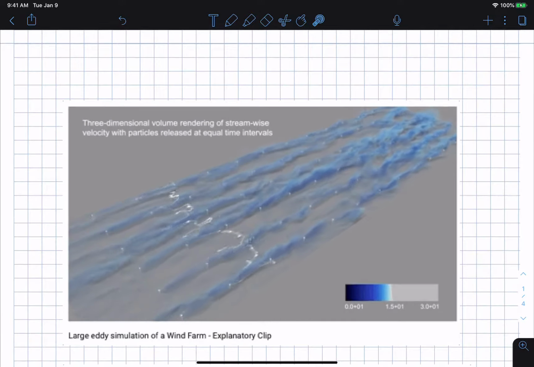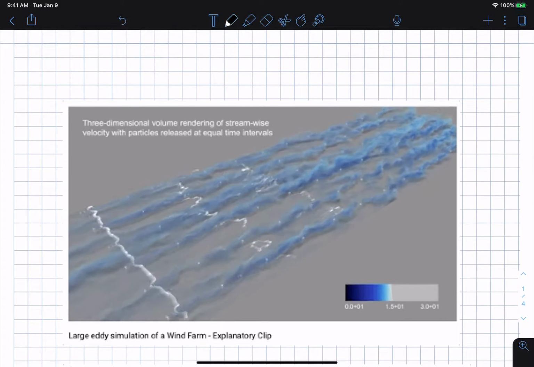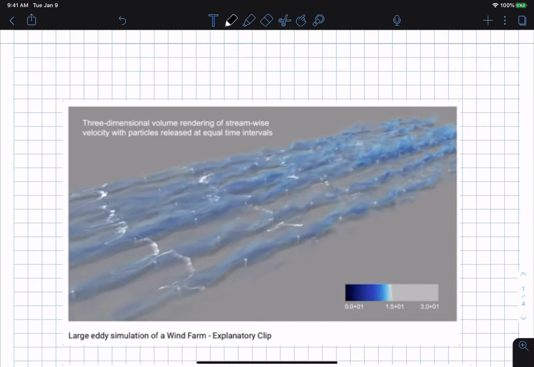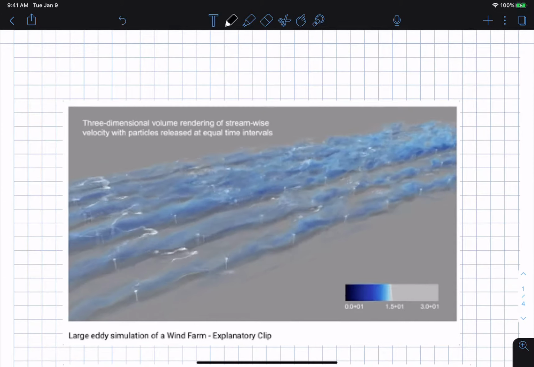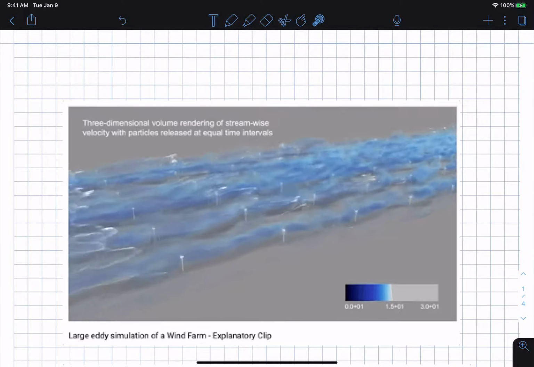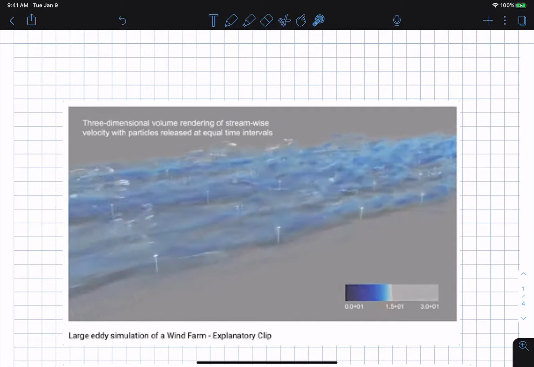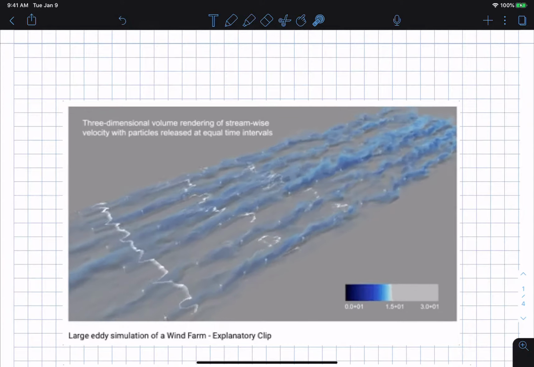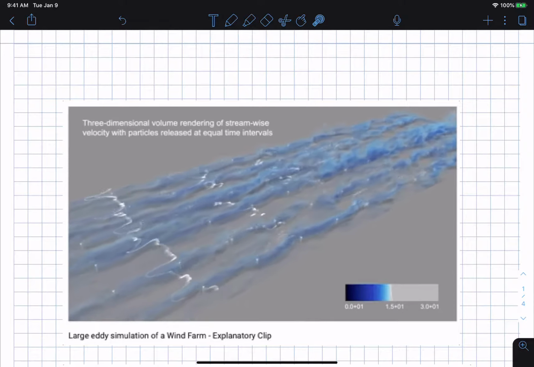Or it can be used to optimize wind farms. So here's a computational fluid dynamics simulation of an array of wind farms. So here we have a gridded array of wind turbines, and they're studying how the flow among various wind turbines affects one another.